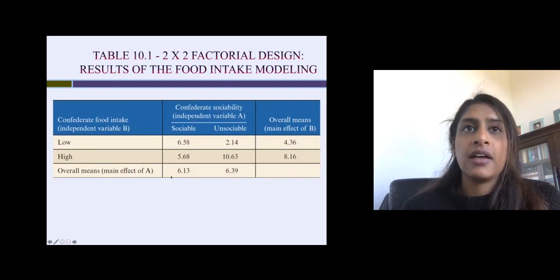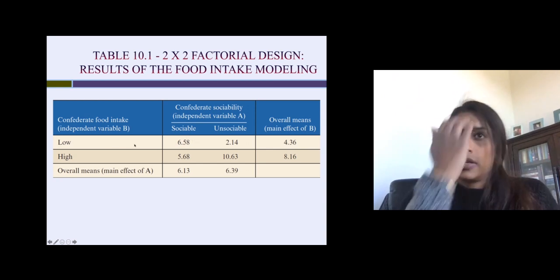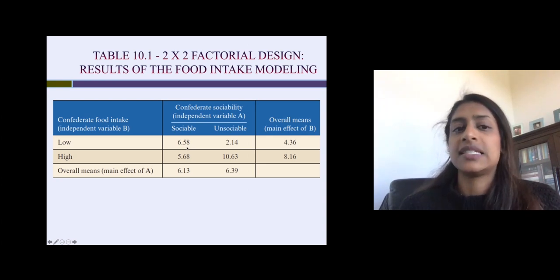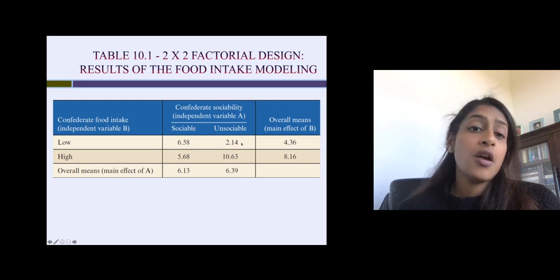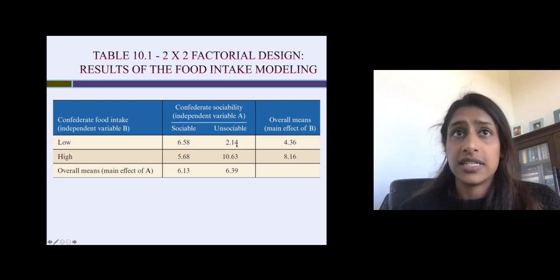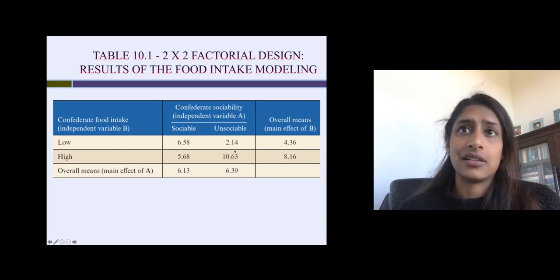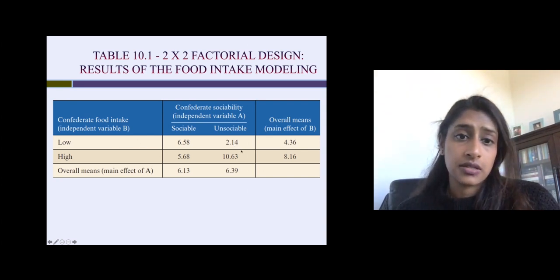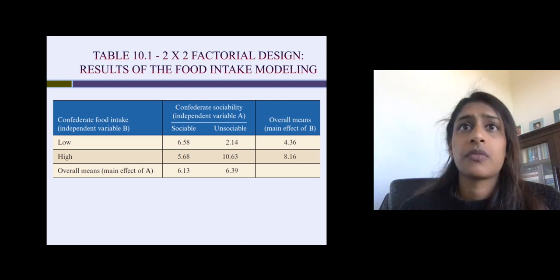When we have a social participant who models low intake, the participant eats about 6.5 M&Ms. If they are part of that unsocial condition, where they have the unsocial Confederate who doesn't eat a lot, they eat about 2.14 pieces of candy or M&Ms.